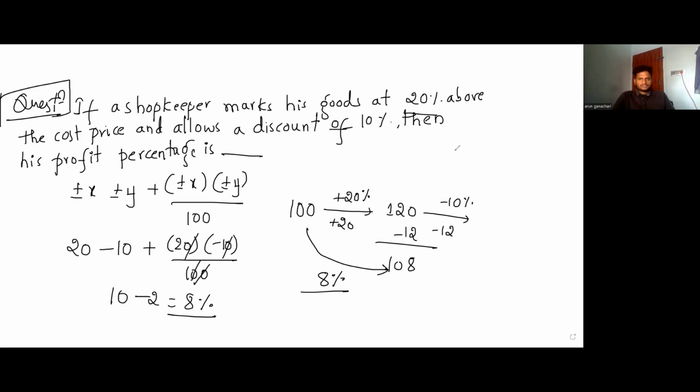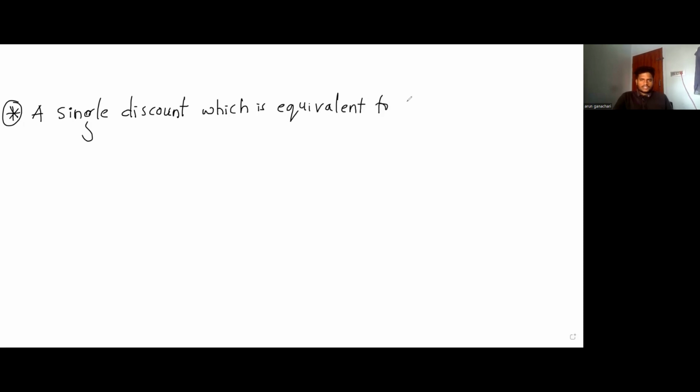Okay? Try this question. Try this one. A single discount which is equivalent to two successive discounts of 20% and 5% is.